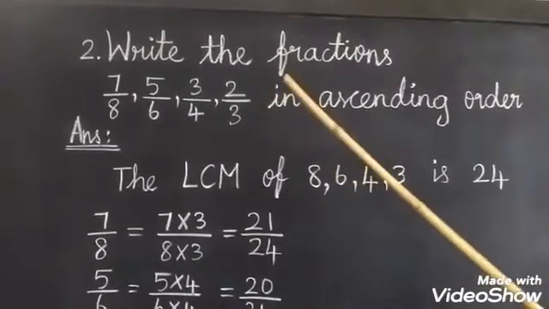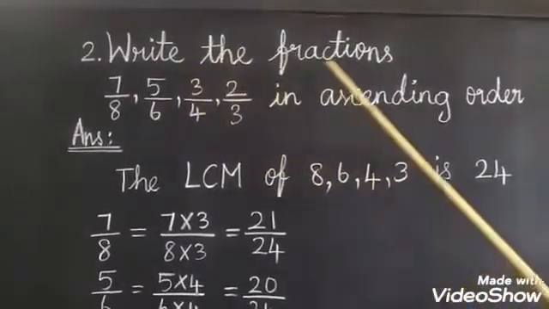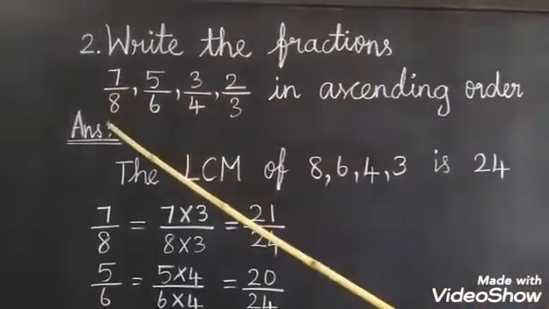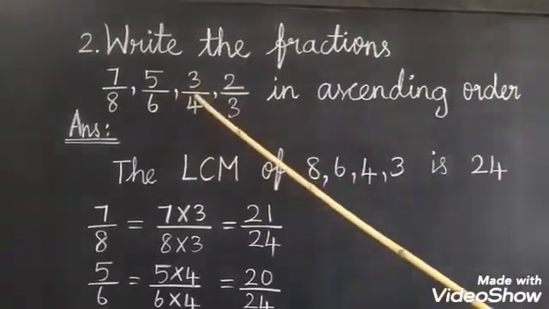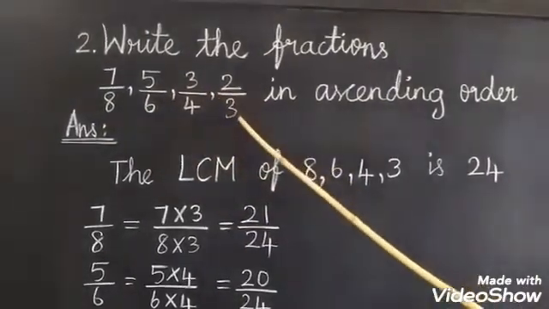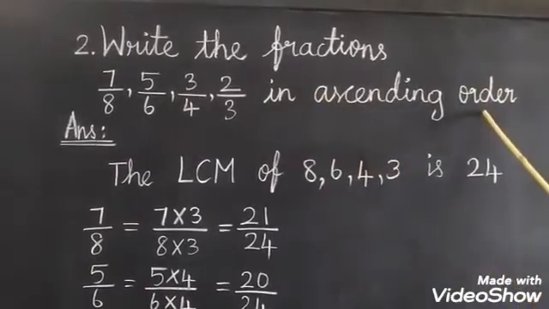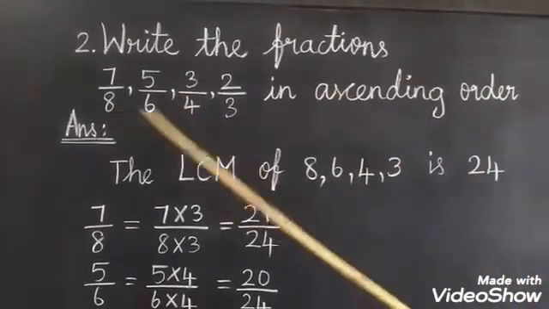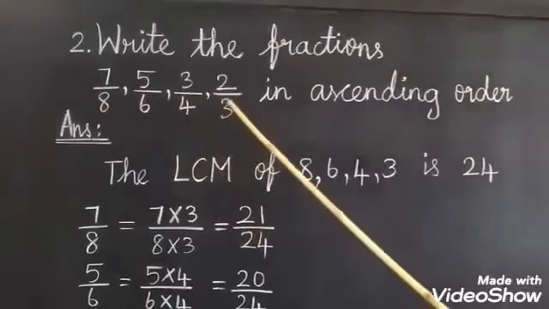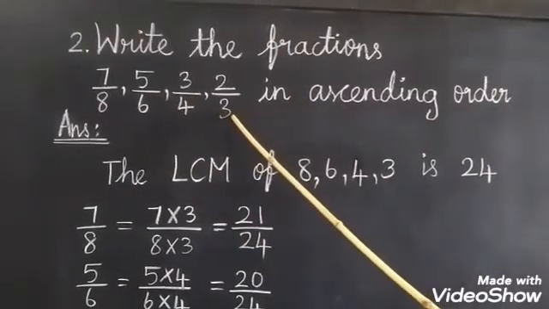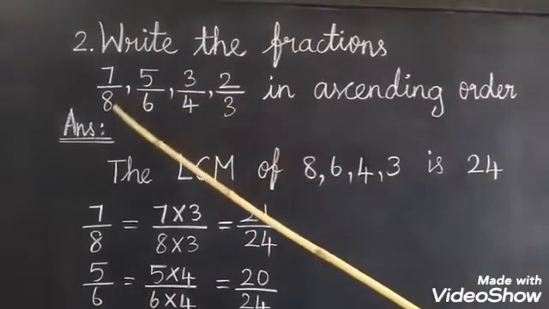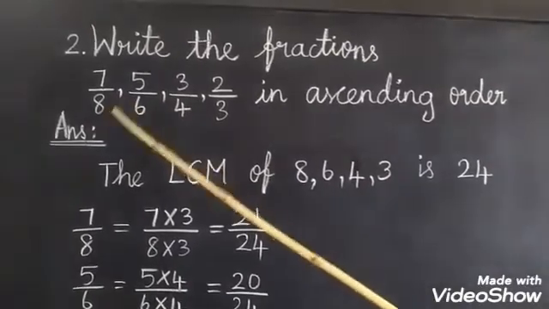See the next example. Write the fractions 7 by 8, 5 by 6, 3 by 4 and 2 by 3 in ascending order. See these fractions. Each fraction has a different denominator. So, for unlike fractions, we have to find out the LCM.